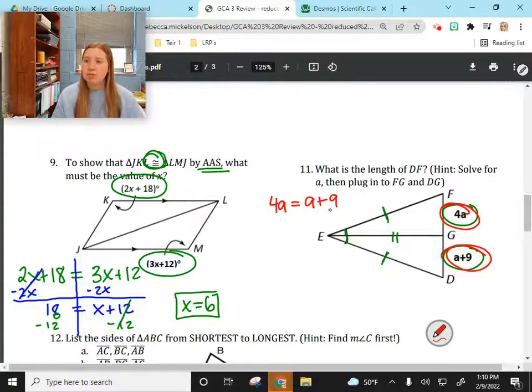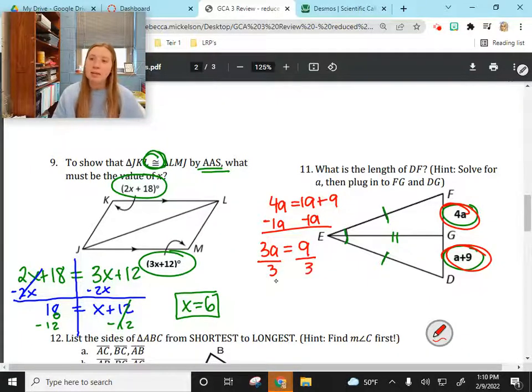So let's go ahead and solve for a. Again, I have a on both sides of my equation, so I'm going to subtract 1a from both sides. I'm going to get 3a equals 9, and then I'll divide by 3, a equals 3.